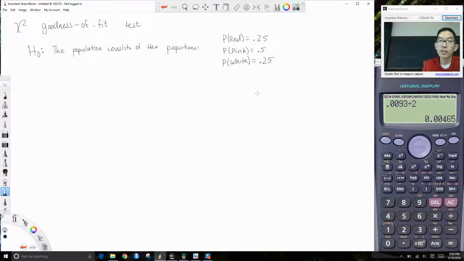The alternative hypothesis is that at least one of these proposed proportions is wrong.